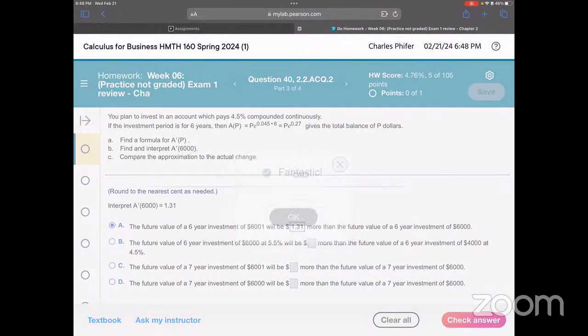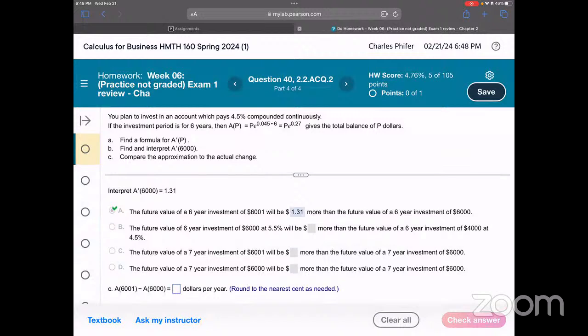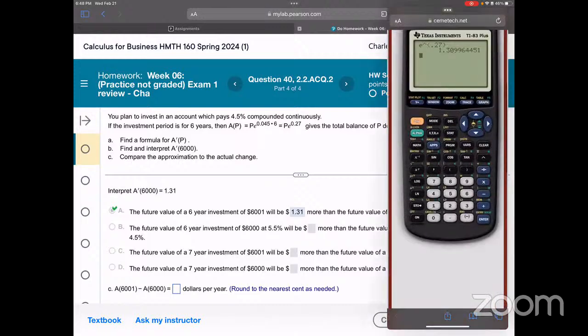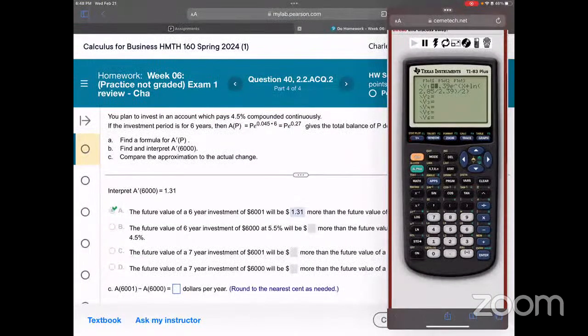Okay. So with this part C, we plug the 6,001 into the original, into that P e to the 0.27. We just plug those two results in. We just subtract, right? So for instance, let me go to my y equals, clear this out, and put x times e to the power of 0.27.